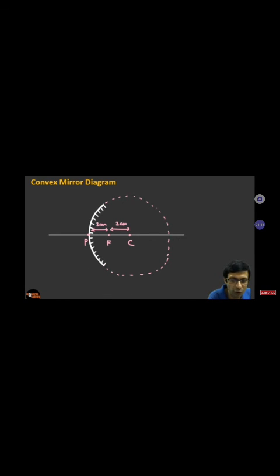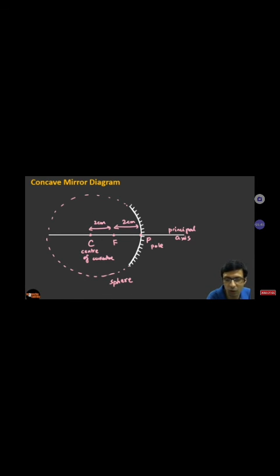That's the trick of drawing either the concave mirror or the convex mirror. So again I'm repeating, place the compass at the center of curvature and draw this arc, and the radius of the arc should be 4 centimeters, 2 plus 2, and then place your focus exactly in the center.